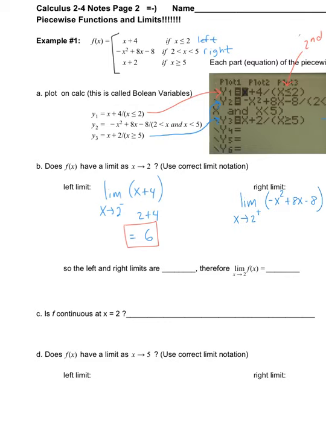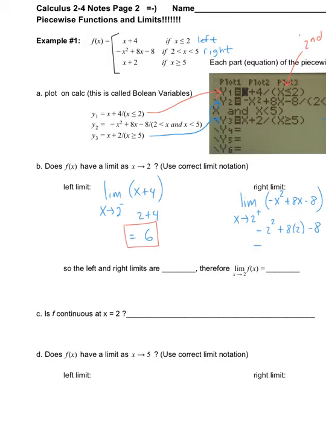Now I have a limit problem, and I can do direct substitution. So I have negative 2 squared plus 8 times 2 minus 8. Now, if you notice, up here in our equation, that negative is not inside of the parentheses. So the only thing I'm squaring is the 2. So that's tricky.